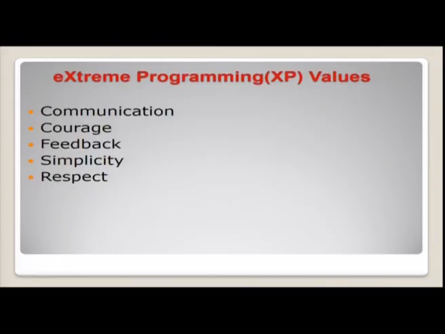Then next are the XP values, the extreme programming values. One is communication, second is courage, third is feedback, fourth is simplicity, fifth is respect. As far as communication is concerned, in the session on extreme programming you will see a technique called pair programming, which is highly important for any examination.